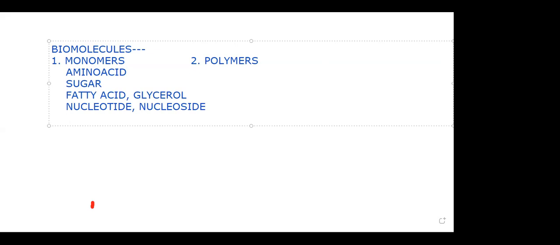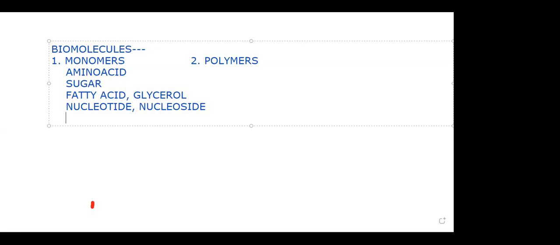These all belong to the biomolecules. That is, the monomers are present here.